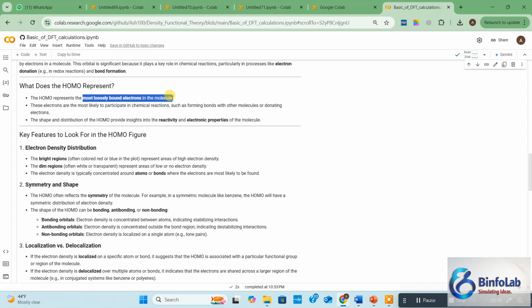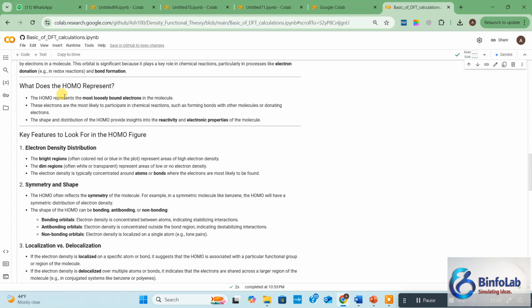You can assume any other molecule, and that molecule contains different atoms, right? If we assume water, it contains three atoms, two hydrogens and one oxygen. In the same way, any compound contains different atoms.